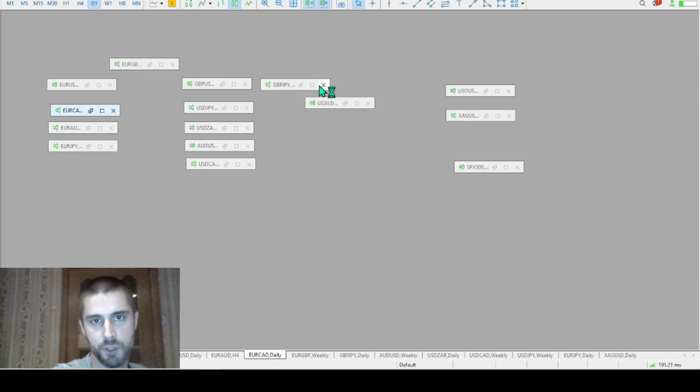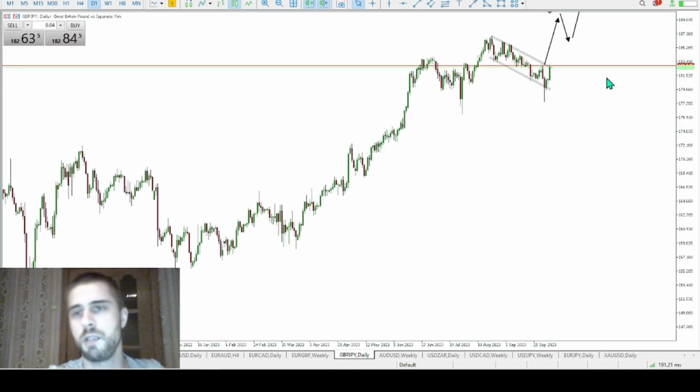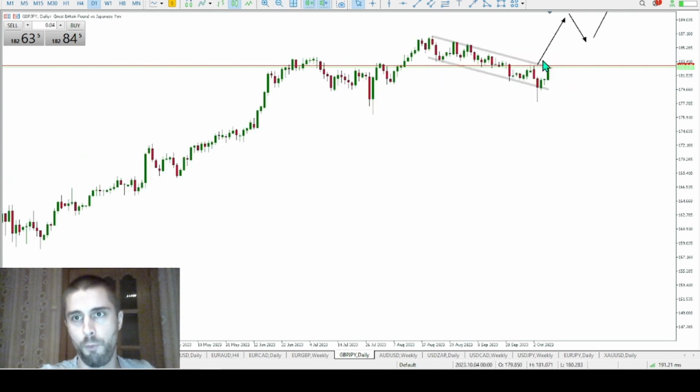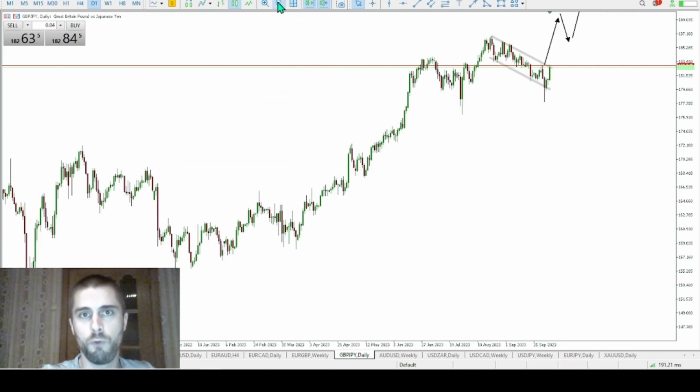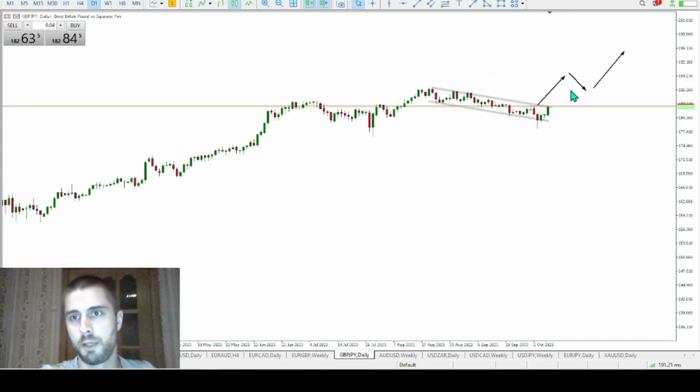And we have GBP/JPY, and on this chart in the previous weekly forex analysis, I have told you that after this flag pattern we can wait for a breakout and look for some further bullish moves, like the one that I have shown in this example.